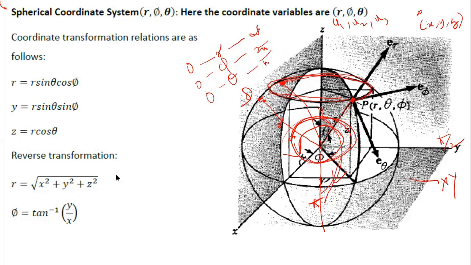You can just picture it yourself also. Here, this line is your r. Now, if this is theta, this line will be your r sine theta, and this is parallel with that.